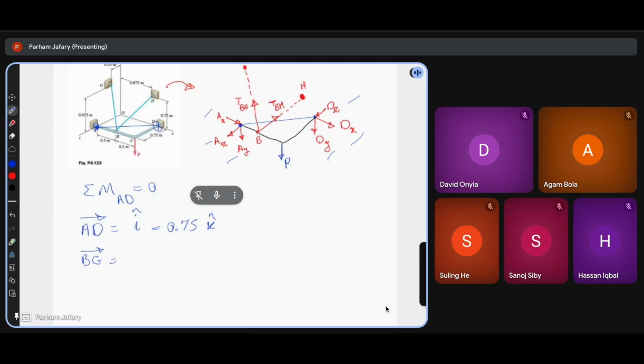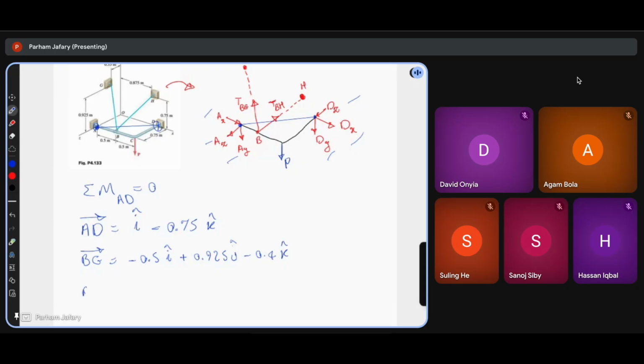So for BG, it will be negative 0.5 in the I direction, plus 0.925 in the J direction, and negative 0.4 in the Z direction. Okay? Just raise your hand if you have any questions regarding this.